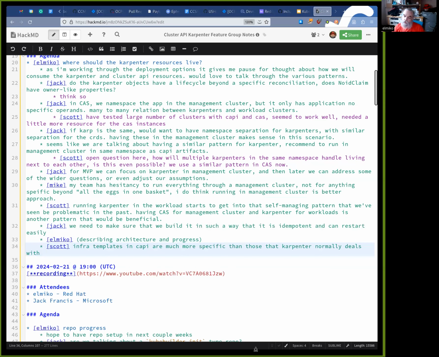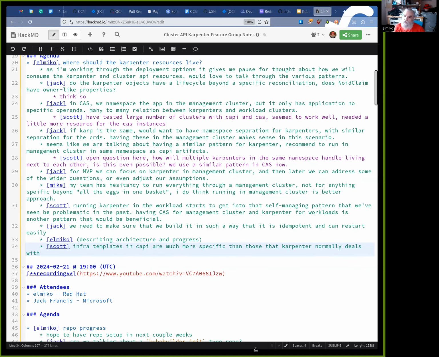The way it's going to work internally is that Karpenter has an instance types interface. So in the beginning, the CAPI provider is going to be enumerating all these different instance types, and then it's going to give them back to Karpenter and just allow Karpenter to make decisions.